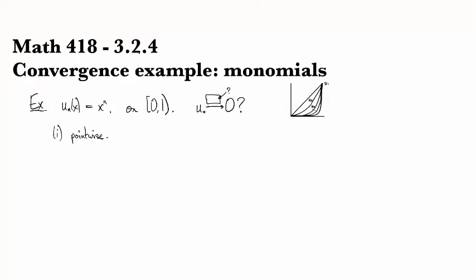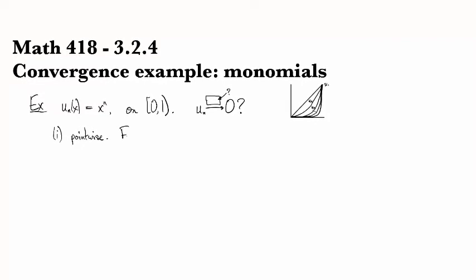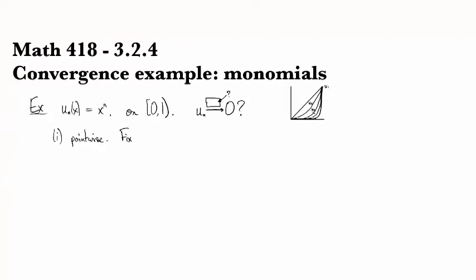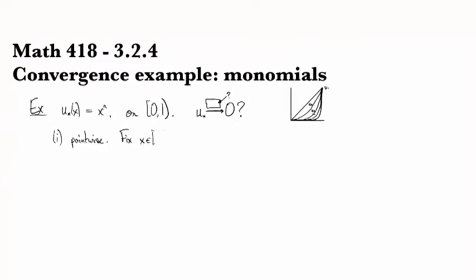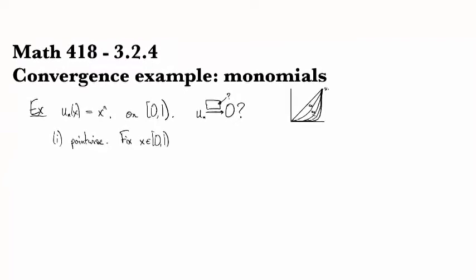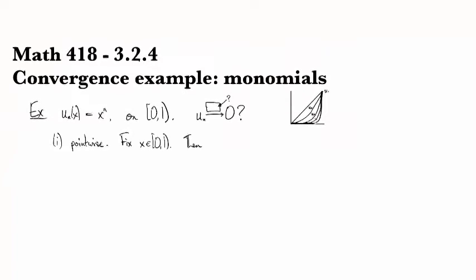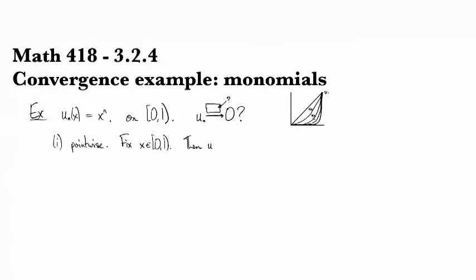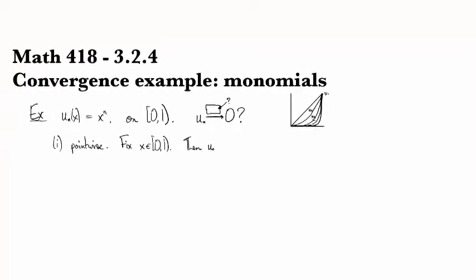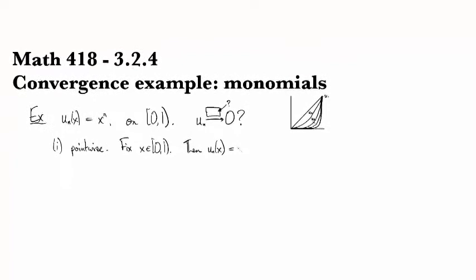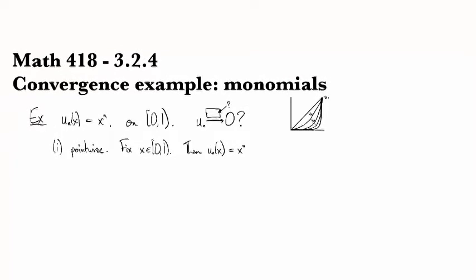So for pointwise convergence, we start by fixing a point or fixing a coordinate. So we fix the coordinate x in our domain here, and then we look at what's going on with the xth coordinate of un, and the xth coordinate of un is just going to be x to the n.